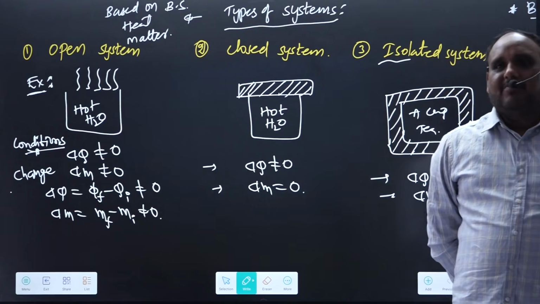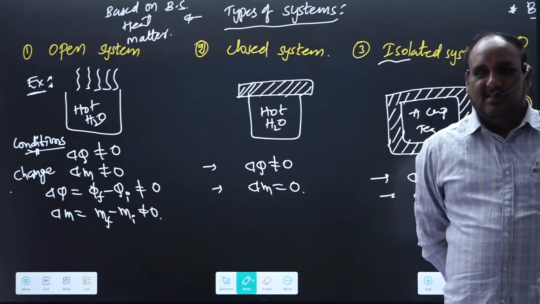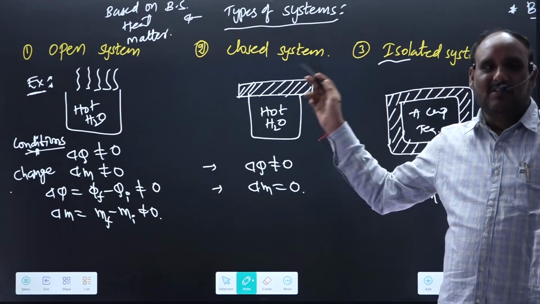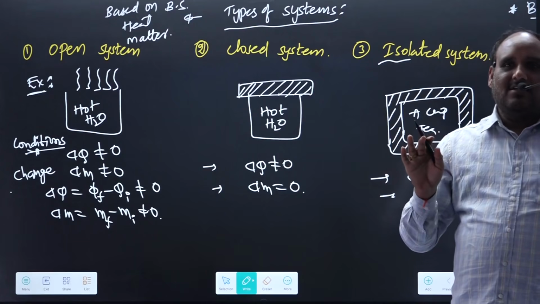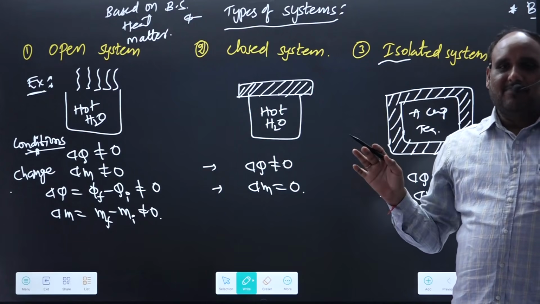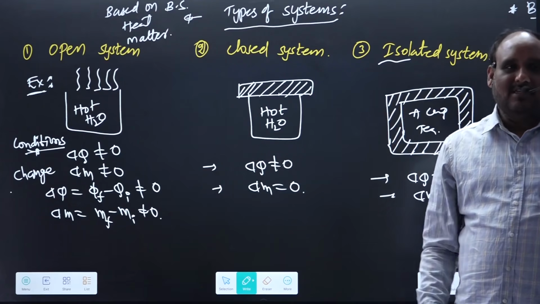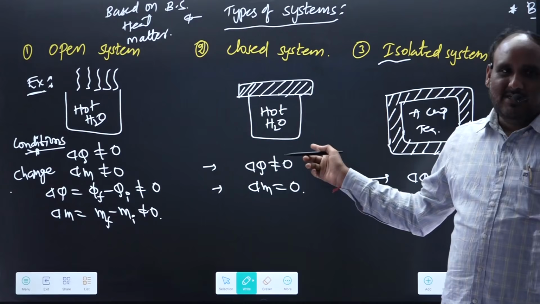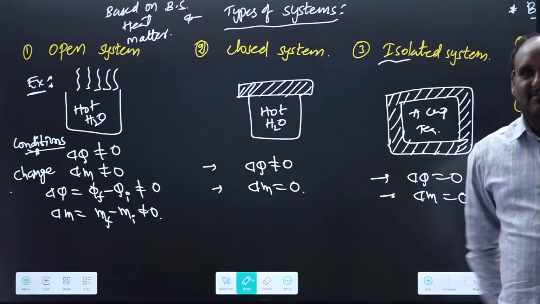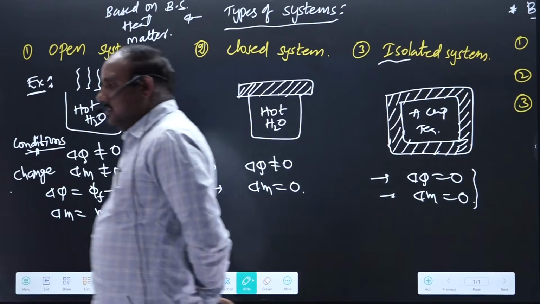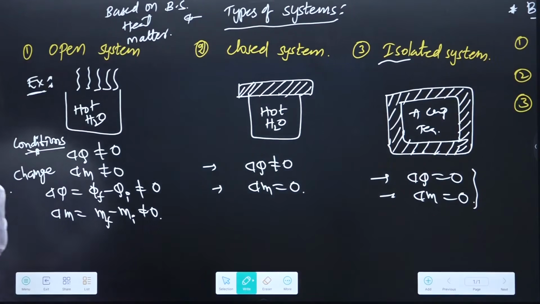Remember one thing: whatever the concept is, we have to explain it with the help of a diagram or an equation, not in sentence form. If we remember in sentence form, it is easily forgotten. With the help of a diagram, it will be remembered for a long period of time, right? So try to understand the subject with the help of equations, diagrams or graphs.